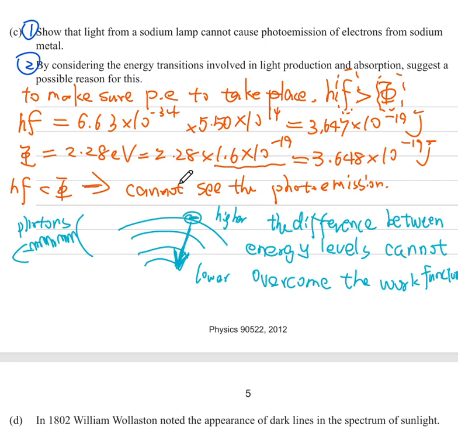I think this question is quite an interesting one, because we are shining photons from a sodium lamp onto a sodium metal, which is made of Na, sodium, but it cannot cause the photo emission to happen.